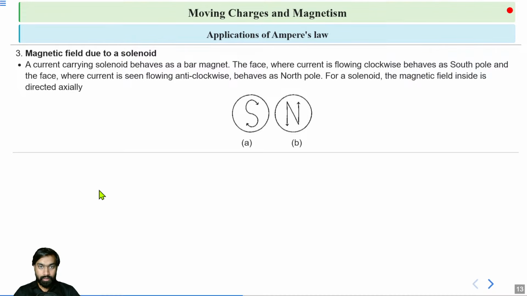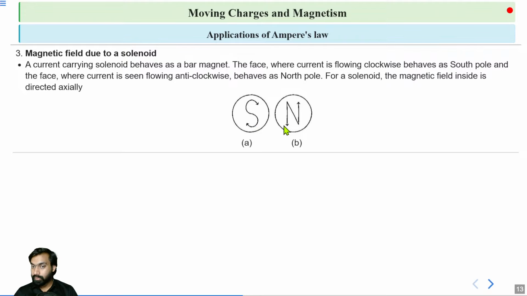Look here, we have two faces, south and north. On the face where the current flows clockwise, this end behaves like a south pole of a magnet. Diagram A. On the other face where the current flows anti-clockwise, this end behaves like the north pole of a magnet.